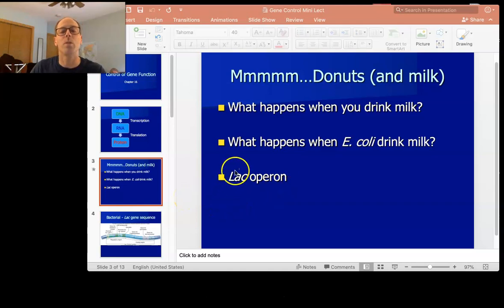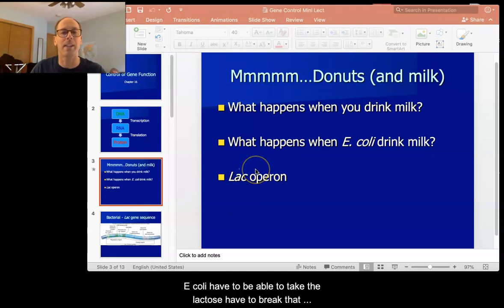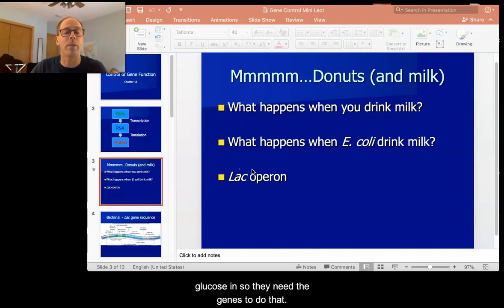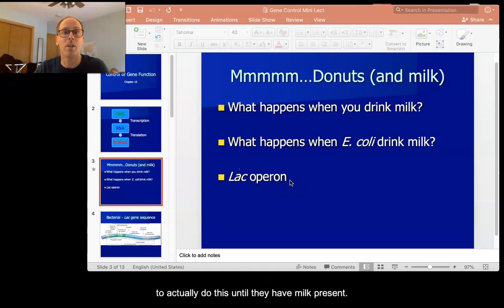So E. coli have to be able to take the lactose and break that disaccharide into two monosaccharides. And then they have to be able to convert that galactose into glucose, so they need the genes to do that. Now, they don't eat milk all that much, so they don't need to actually do this until they have milk present.